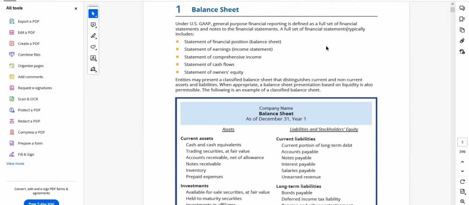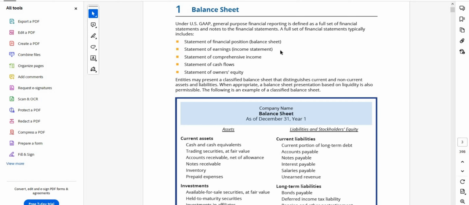Under US GAAP, general purpose financial reporting is defined as a full set of financial statements and notes to the financial statements. A full set of financial statements typically includes these 5 things: balance sheet, P&L, statement of comprehensive income, cash flow and statement of owner's equity. In India we say balance sheet, in USA they say statement of financial position.